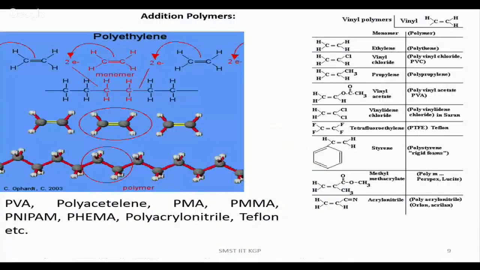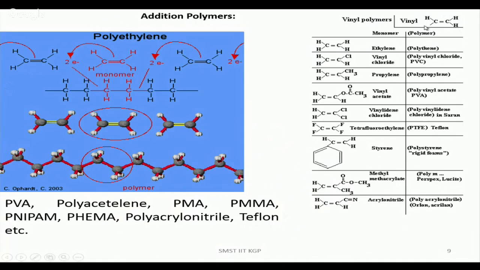So as I mentioned, we have ethylene. If you join this ethylene one by one, we get polyethylene. Basically you see this is called the vinyl group, CH2CH.